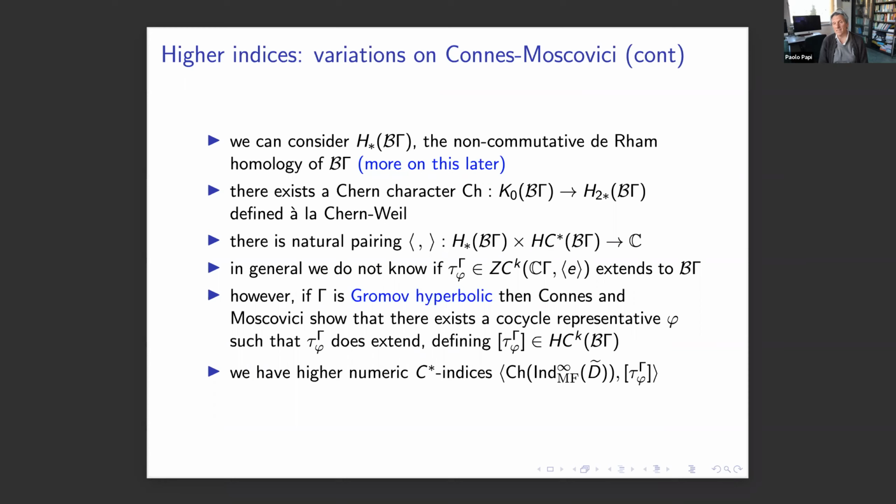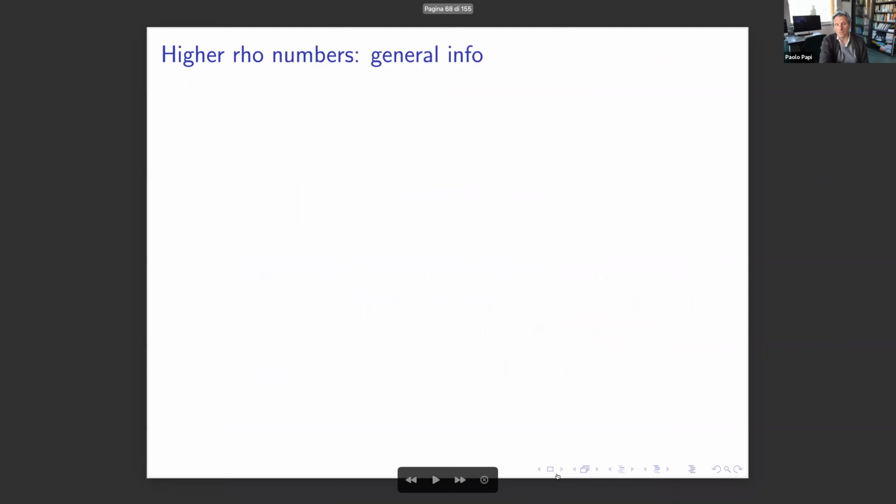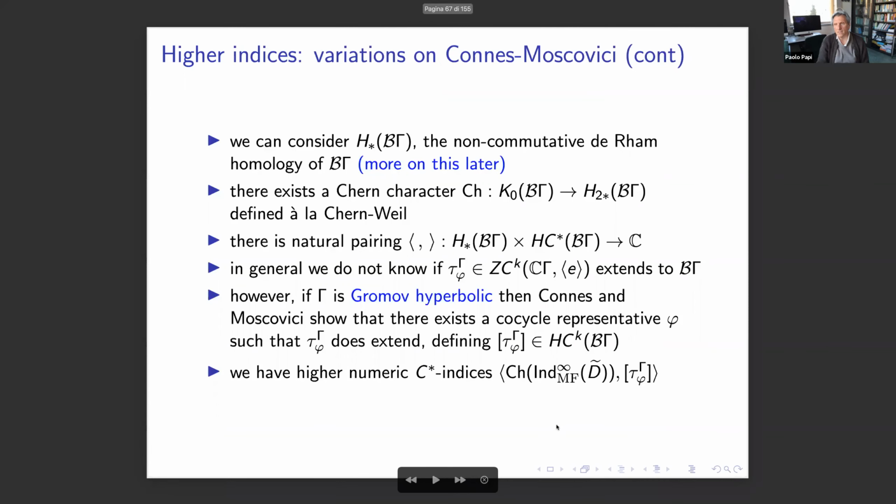This cyclic cocycle extends, and you can pair. Okay, and of course, let me say that this is not the only content of their paper, because they also give a formula for this pairing, the famous higher index formula. Okay, but in any case, we were able to define these numbers now.